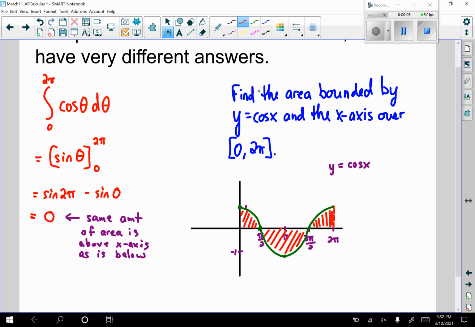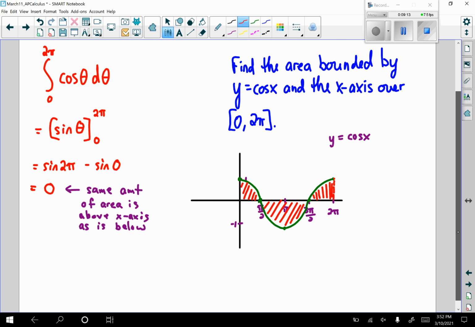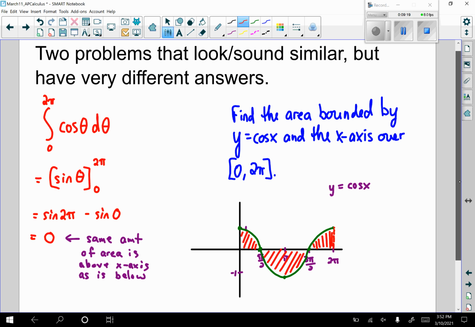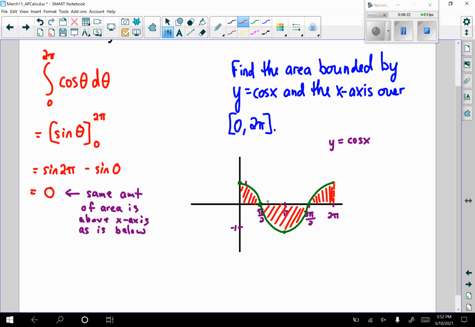So now for B, we want to find the area bounded by y equals cosine x and the x-axis over the interval from 0 to 2 pi. But we still have to rely on integrals here because these are still not nice geometric shapes that we could just use a formula for area.